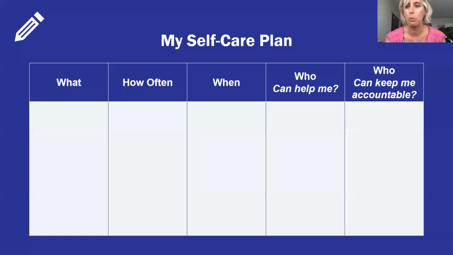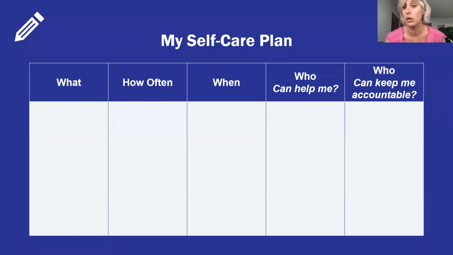When it comes to who can help me, that would be a resource that maybe we need help for childcare, so we can go and do this. Maybe we need help and actually need to talk to someone. So who can that be? Who can help me? Is it a therapist? Is it a pastor? Is it a friend? Who can help me?